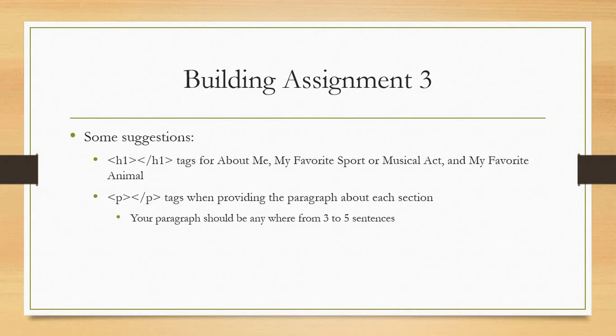We also need to use the paragraph tags to provide information within each of these sections. Your paragraph should be anywhere from 3 to 5 sentences. Any more, you're just taking up space because you may not have that much information to write about each of these. However, you should be able to cover 3 to 5 sentences when writing about these specific areas.